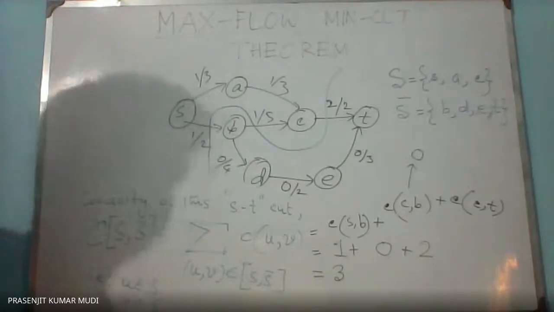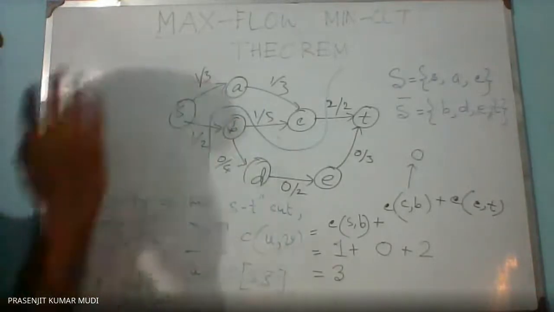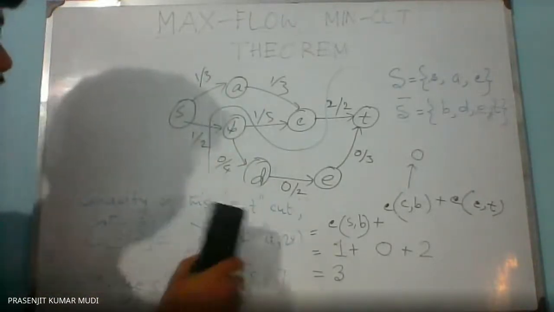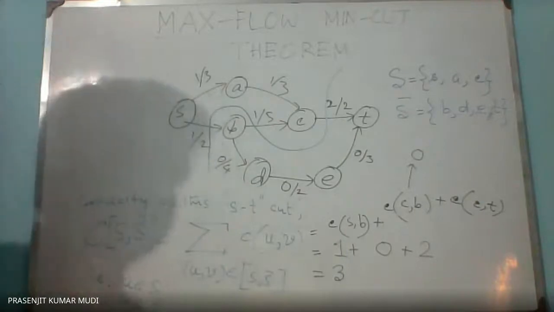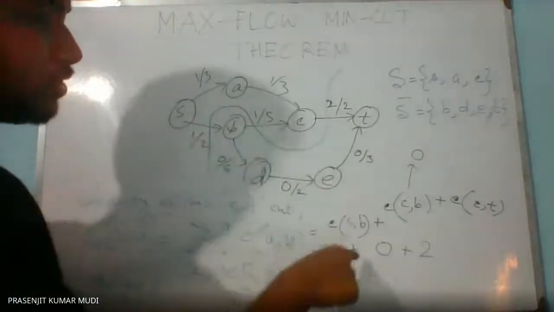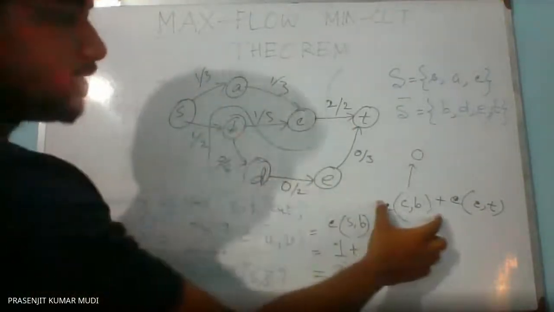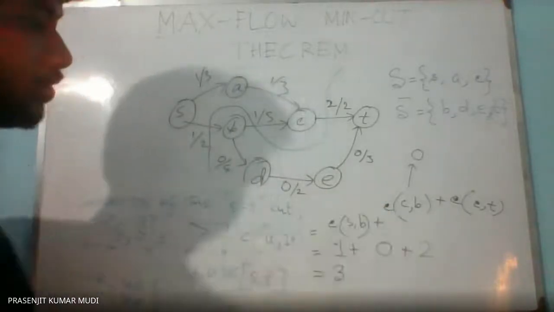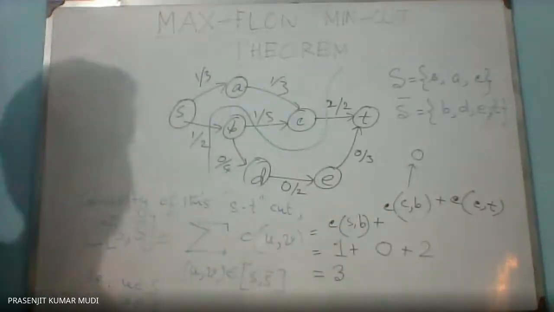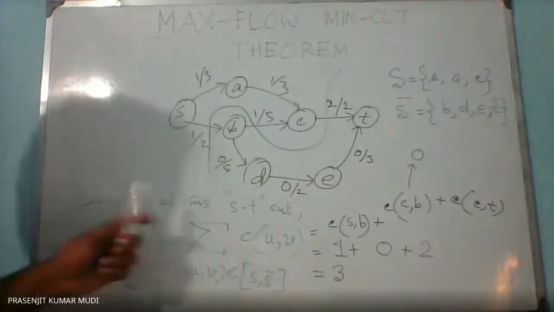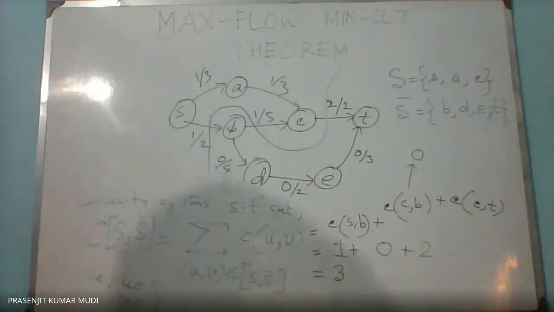So there is a slight difference between the edge capacity which we have understood in the flow network and in the cut. So adding up the flows of all the edges, and there is no such edge, so its contribution is 0. So ultimately the cut capacity is 3. So this is the cut capacity.